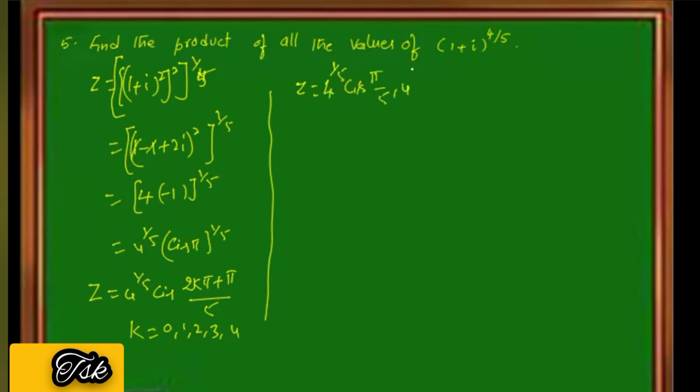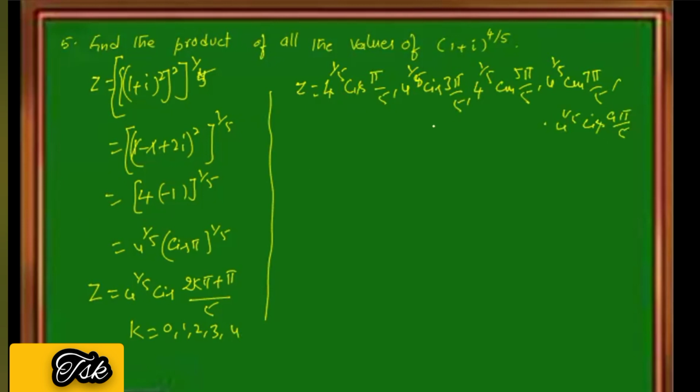Next root is 4 to the power of 1 by 5 into cis, substitute 1, this becomes 3 pi by 5. And then 4 to the power of 1 by 5 into cis 5 pi by 5. Next one, 4 to the power of 1 by 5 into cis 7 pi by 5. And substitute 4, this becomes 4 to the power of 1 by 5 into cis 9 pi by 5.